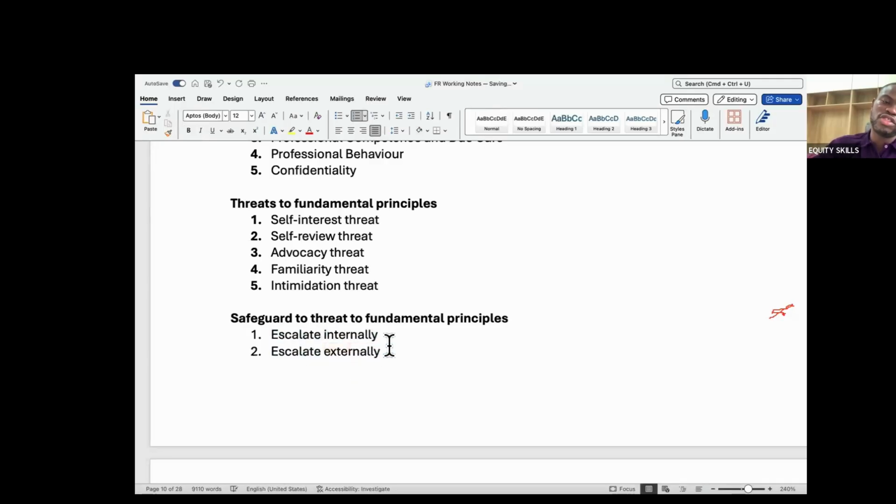When you have issues around colleagues, boss, and all of that, most companies have an internal policy for whistleblowing, for speaking up. If you have an overbearing boss that's always threatening you, if you don't do this, if you don't do that, you can write him a letter.